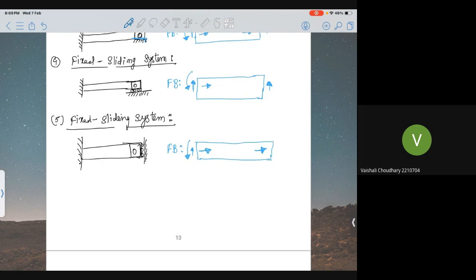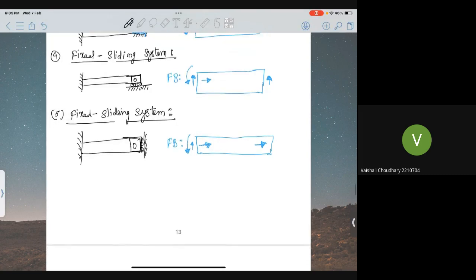Now the last system, which is the fixed guided system.